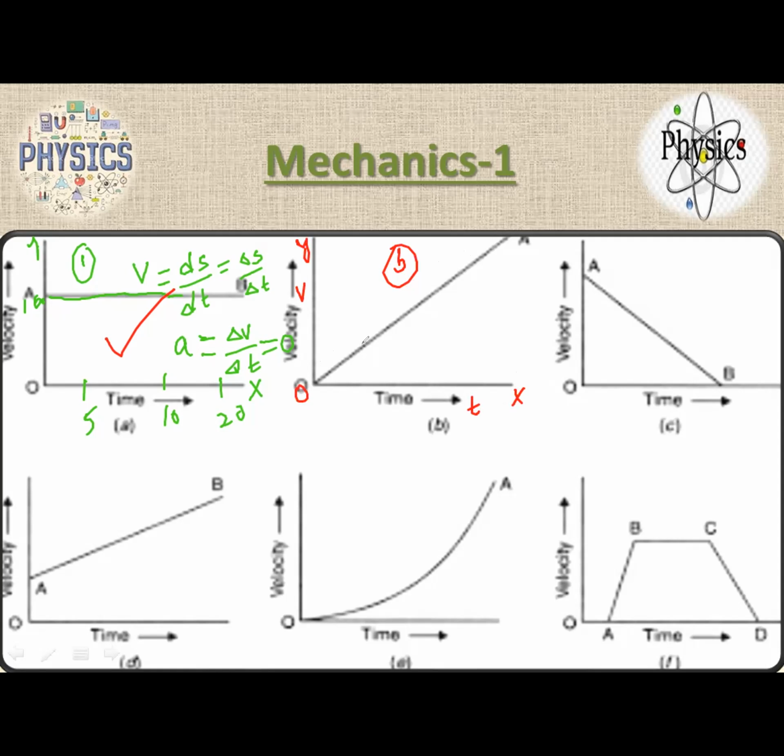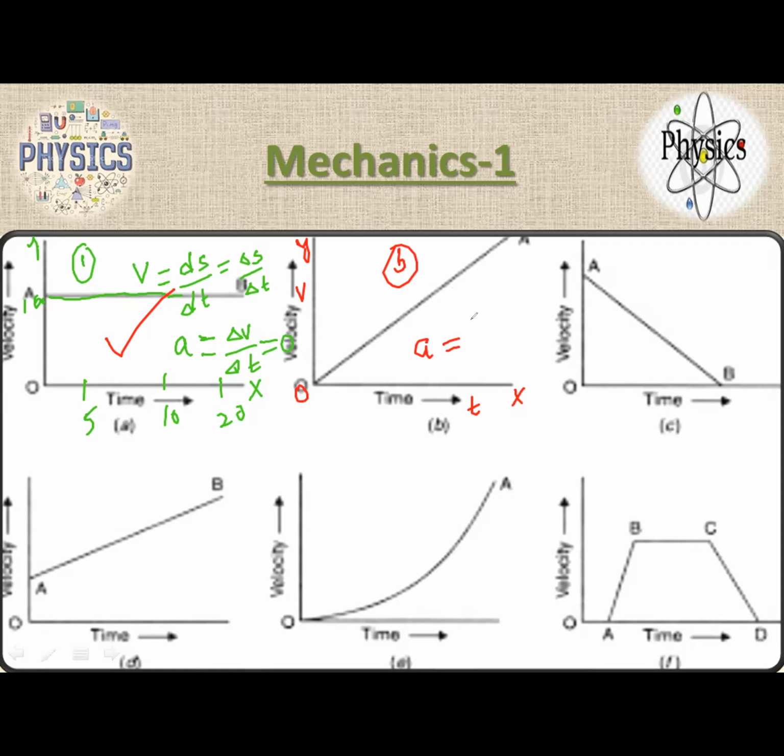Yeah, velocity is changing with respect to time. But how is it changing? Do you think it's uniformly changing, or is it changing non-uniformly? Do you think there is acceleration here? Is it uniform acceleration or non-uniform acceleration?